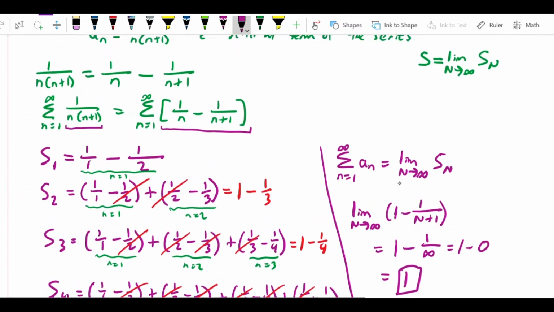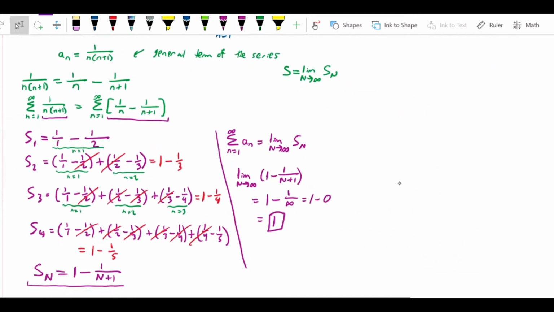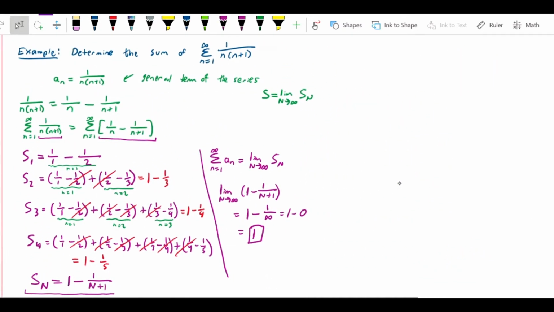So there we go. We've used the definition of the sum of an infinite series, as the limit of the sequence of partial sums, to calculate the sum of this series. And it turns out that if you add up all of the terms in this series, which, well, we didn't show, but I told you through partial fractions, is algebraically equivalent to this series, we just get 1.